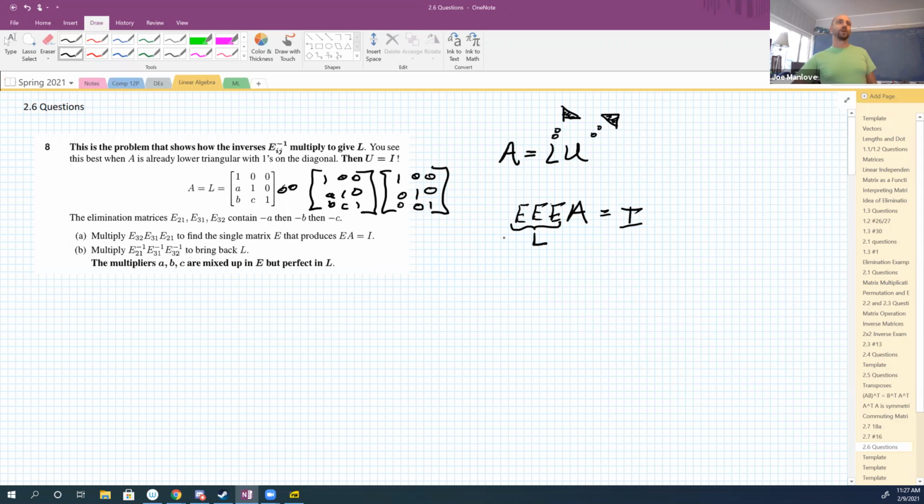So the inverse of those guys is going to be my lower triangular matrix. And in this case, those inverses multiplied together are probably going to give me A again. Well, they're going to give me A inverse. Does that make sense? Did I lose you guys completely here? I'm following. You with me, Cody? That makes sense. Yeah.